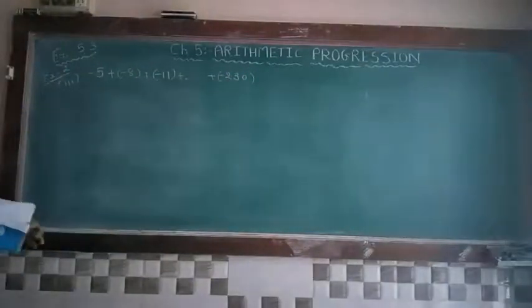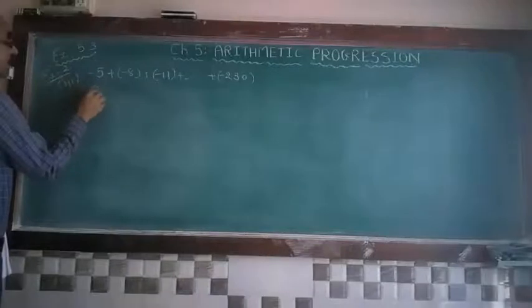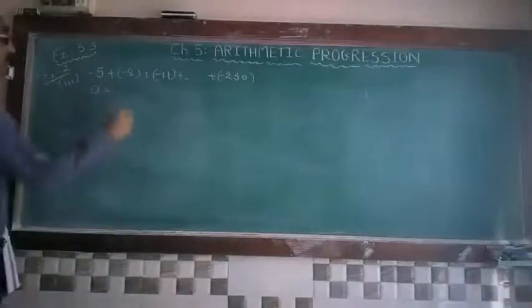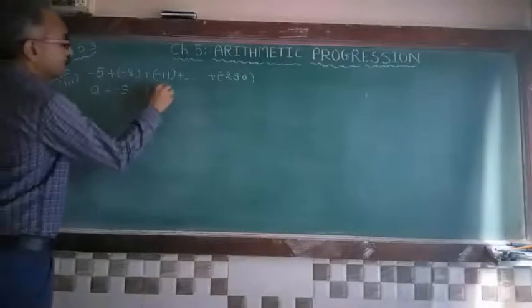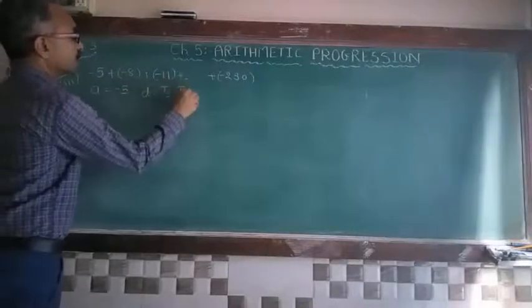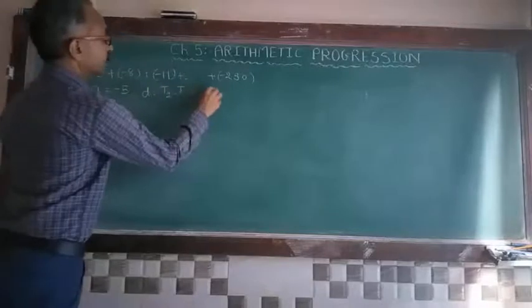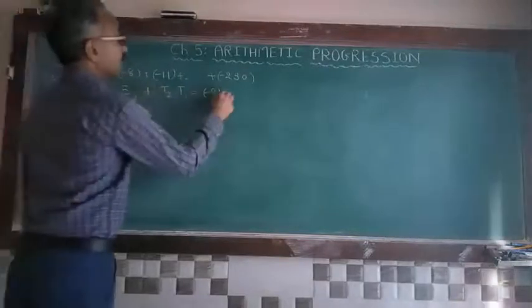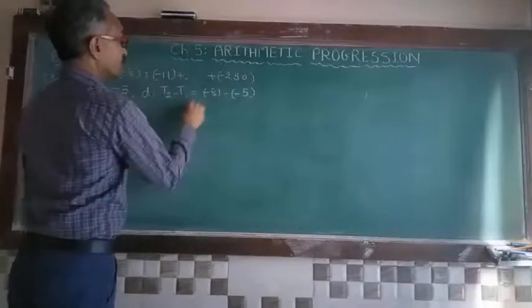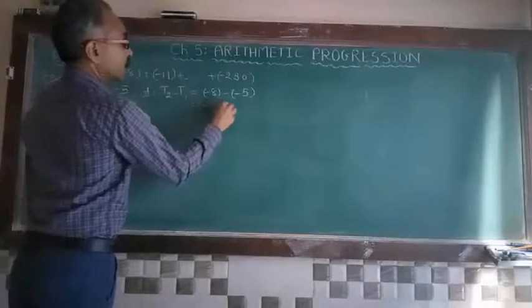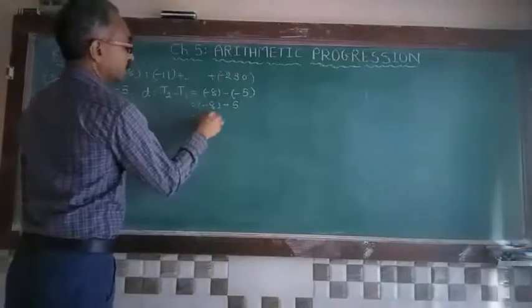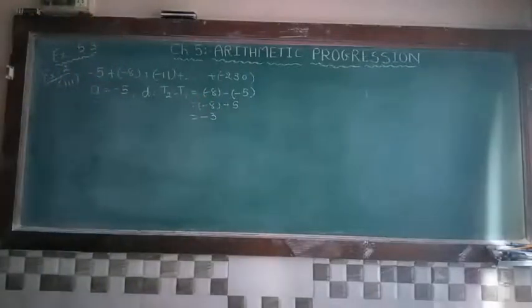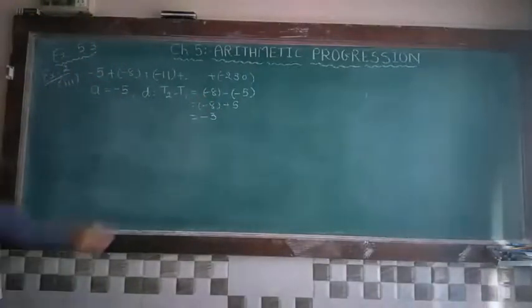That is your AP. So see here, A is equal to -5, D is equal to T2 minus T1, that is -8 minus -5. So -8 plus 5, that is -3. So your D is -3.